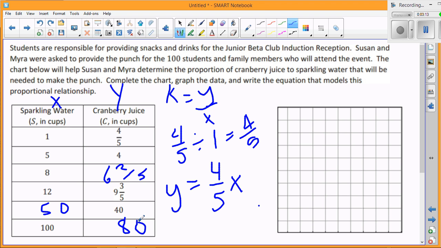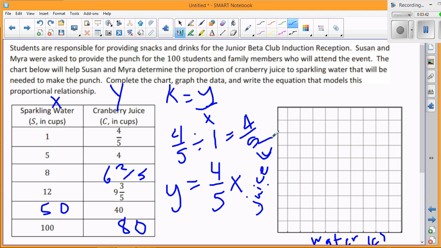So now that we have all of the values for our table, we can now graph our proportional relationship. Now, we know that x is the water in cups, and we know that y is our juice in cups.